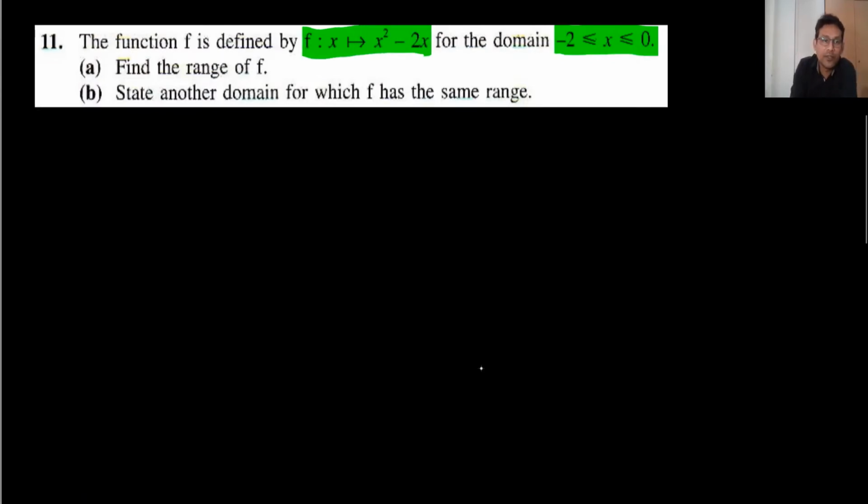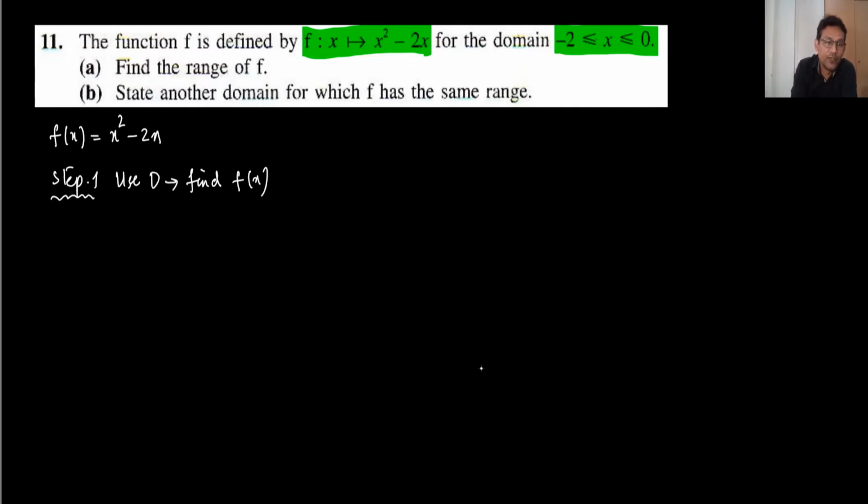Okay, the first step is you can find the two values from the minimum domain and maximum domain. Step number one: use the domain and find f(x).